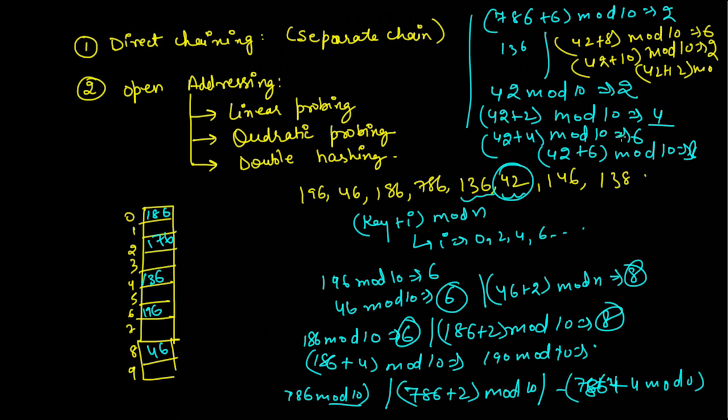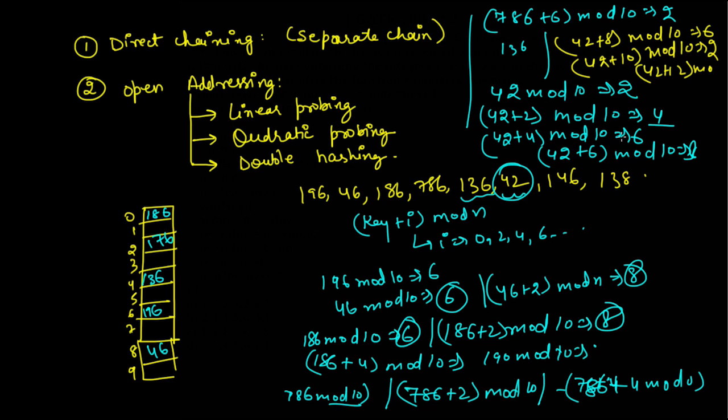So even if your array contains some free spaces, here the free spaces are at index locations 1, 3, 5, 7 and 9, you still cannot store the data. Why? Because your step size is giving us locations which are already filled, right? It is just keeping us in an infinite loop, saying the array is already filled because it cannot find any location where it can add this data.